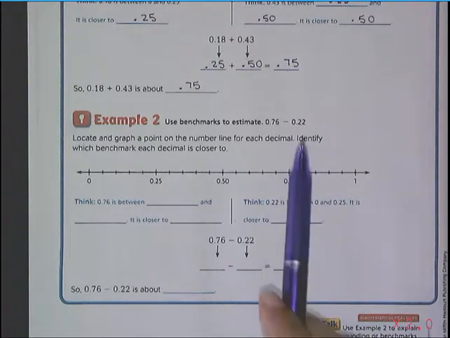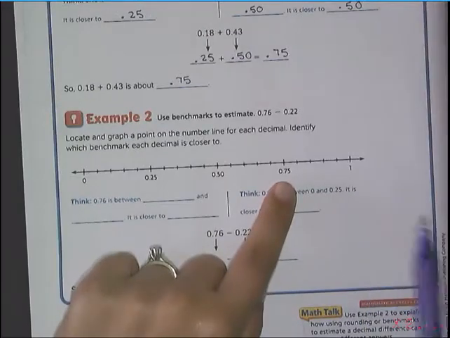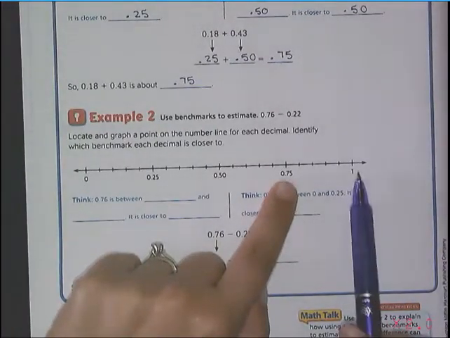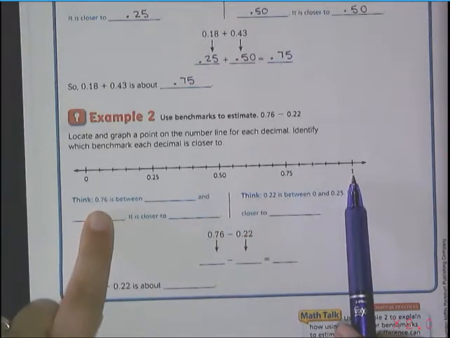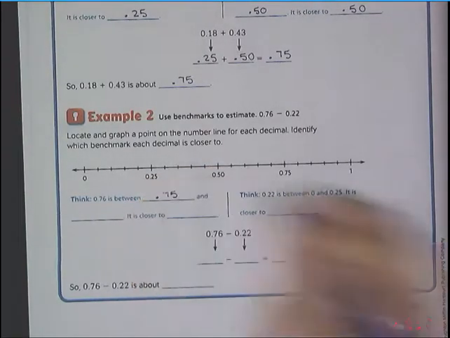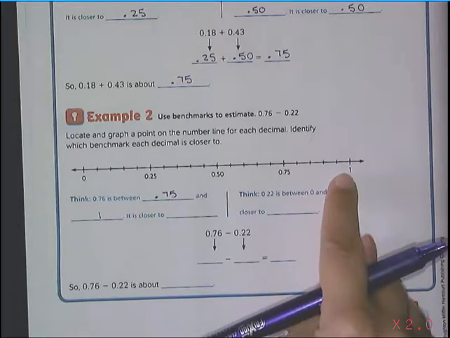Okay? So I'm going to think 0.76, it's greater than 0.75, but it's less than 1. So I know it's going to be between these two. All right, so I can fill this in. 0.76 is between 0.75 and 1. I know it's going to be in here somewhere.